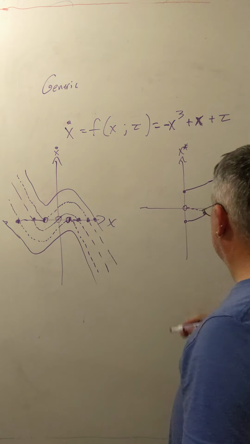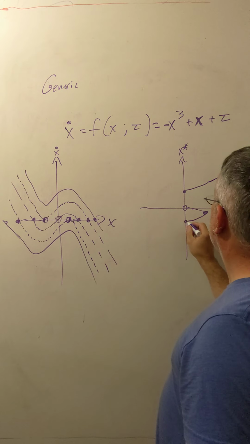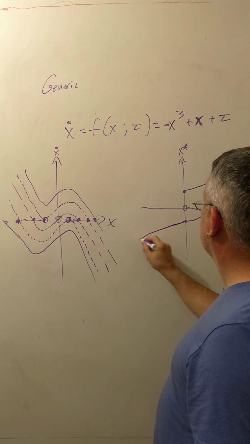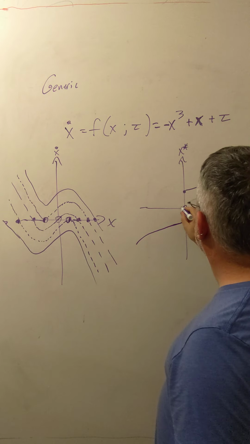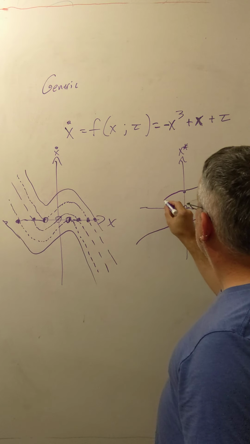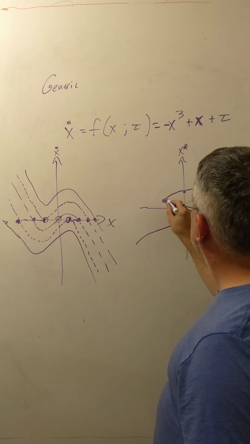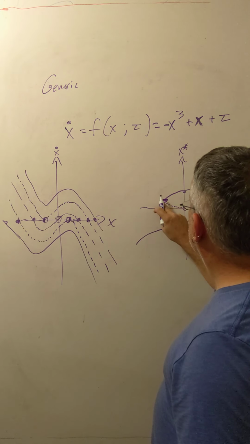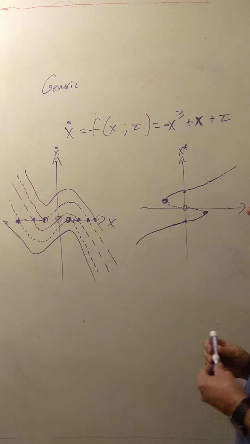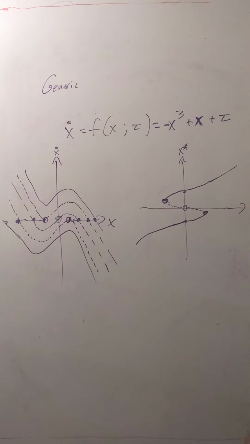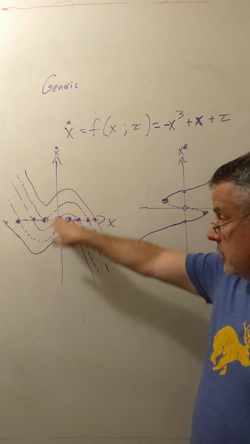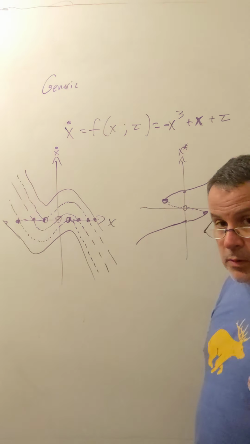This one continues up. What about going the other direction? Well, there's symmetry. This one goes down like that. And now in this direction, the unstable and the stable branches merge into half stable. So now it's unstable in the bottom, stable in the top. Okay. That's how the fixed points evolve as we change tau.